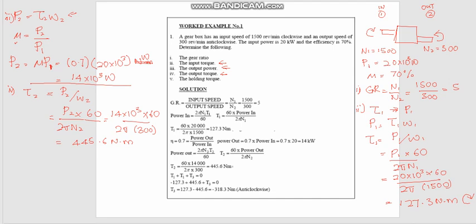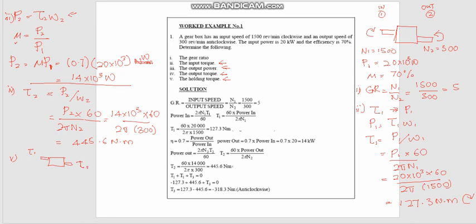And finally, we have to find the holding torque. Let me draw a sketch very quickly. We have the gearbox system. This is tau in, and this is torque out.